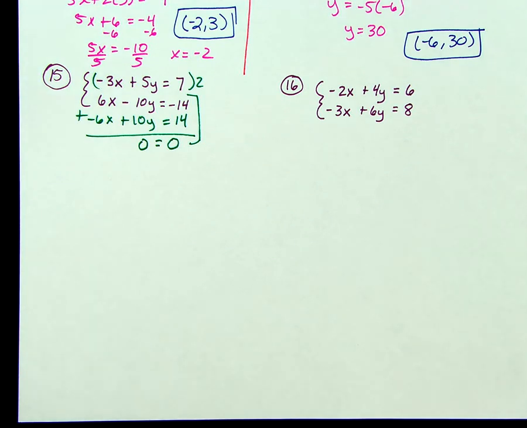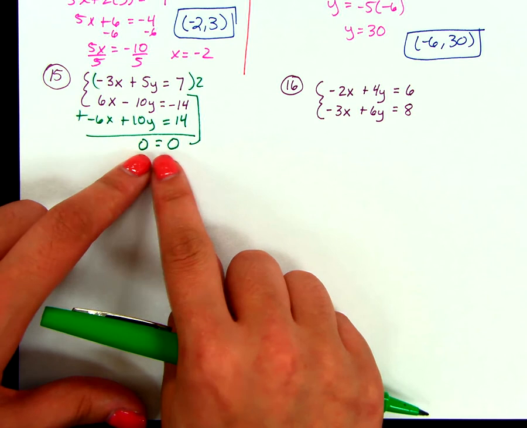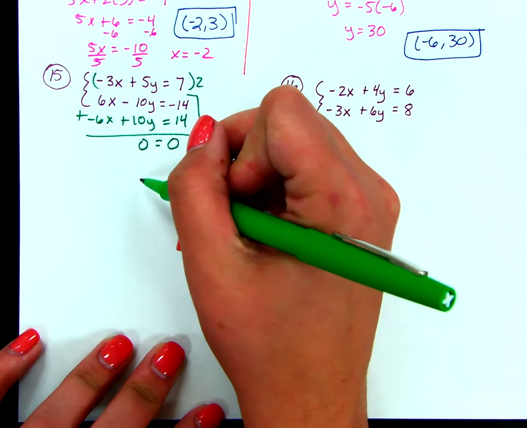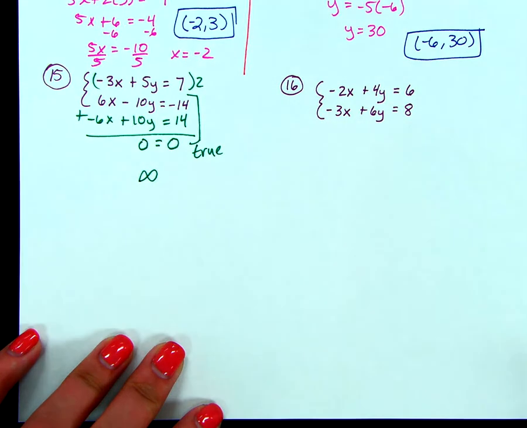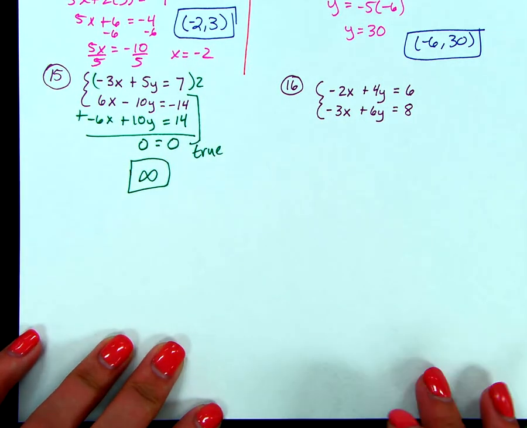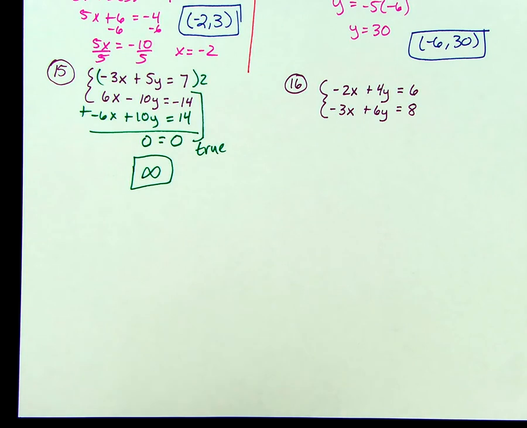And we decide that based on our ending statement. So when I'm looking at this, 0 is equal to 0. So this is a true statement. So that means my answer for this is going to be infinitely many solutions. So I can pick any x, y value, and if I substitute it in, I'm going to find a solution that works for both equations.